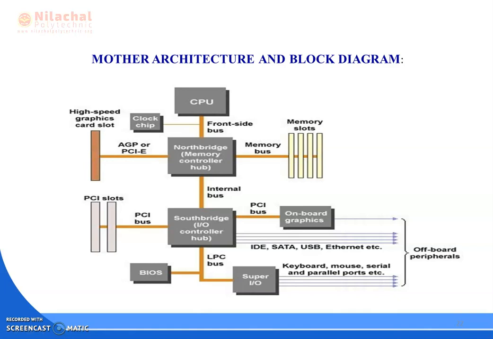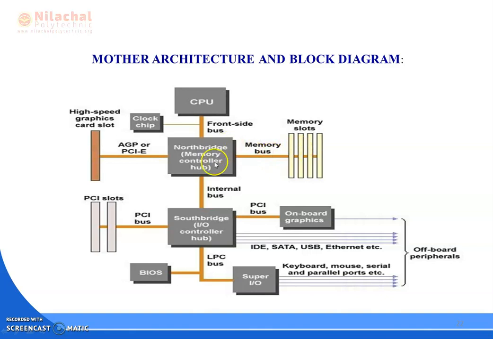Here we can see the motherboard architecture and the block diagram of the entire motherboard. What it contains: we have already discussed the CPU slot or CPU circuit. We have discussed the memory slots, or RAM slots.